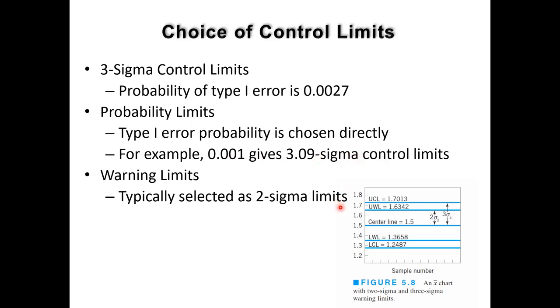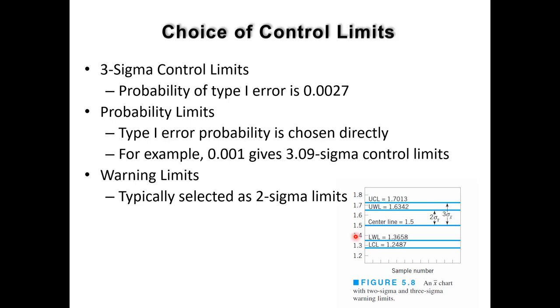And also you will see in Montgomery, it suggests two other limits. Apart from the upper and lower control limits, they also suggest warning limits, upper warning limits and lower warning limits. The computation is very much the same.